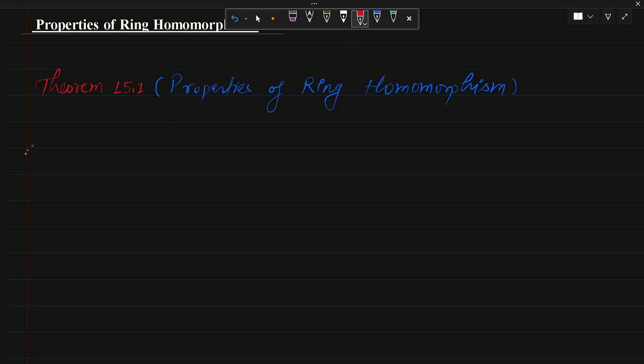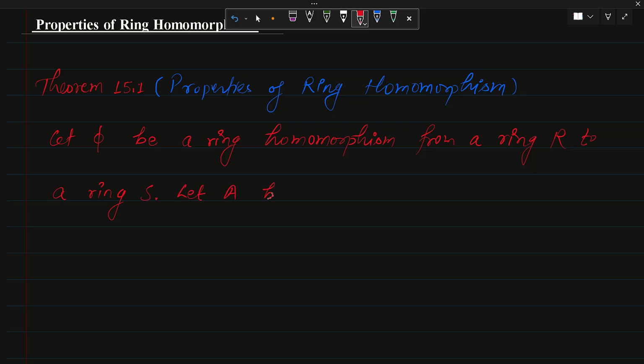So we are going to have that let phi be a ring homomorphism from a ring R to a ring S. Okay, then we are having a subring.